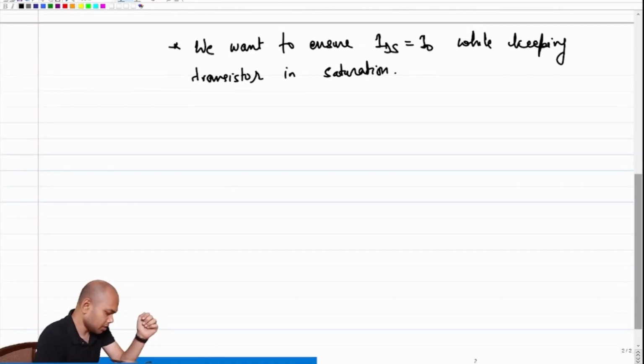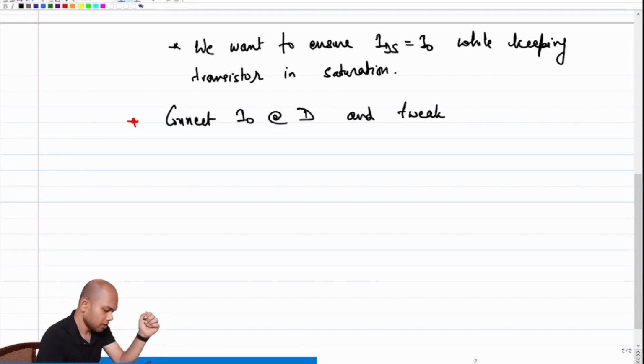So the first combination was, connect I naught at drain and tweak voltage at gate.